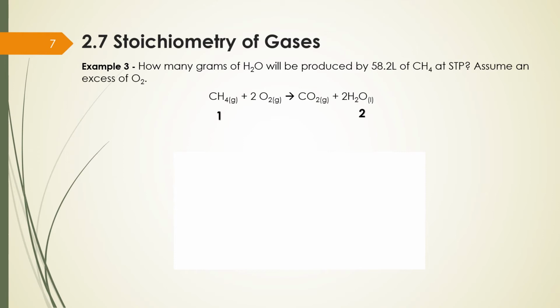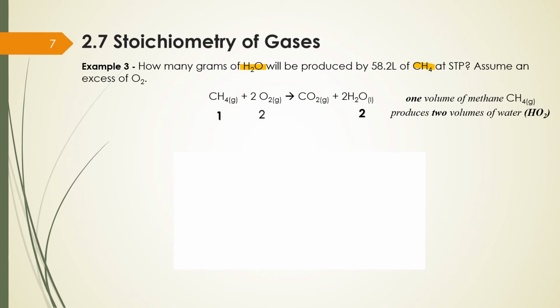So here it's asking me how many grams of water. So it's asking me about water will be produced by 58.2 liters of CH4. Okay, so I'm gonna focus just on CH4 and water. So 1 volume of methane produces 2 volumes of water.